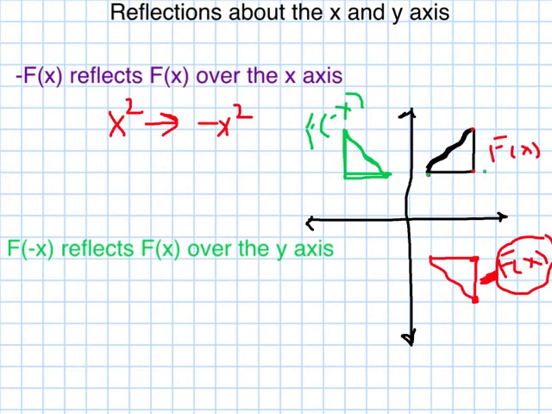On the red one down here, it's a reflection over the x-axis, which means we're changing the y values. One thing to be aware of is what this would look like on a standard graph. If you had, for example, the square root of x, and I were to take that inside and negate the x, just the x, not the whole square root, that would be changing the x value so it would reflect over the y-axis.